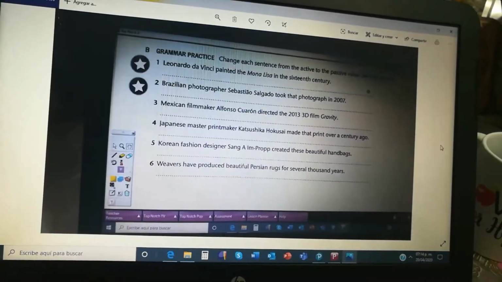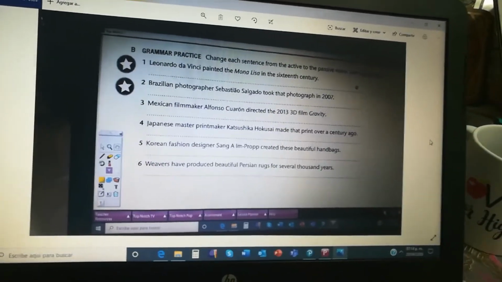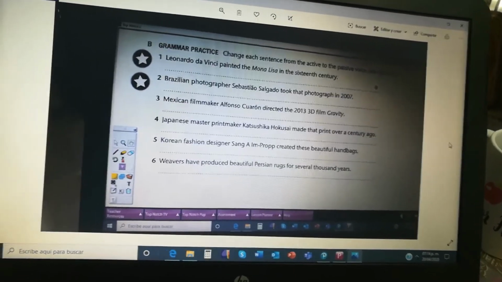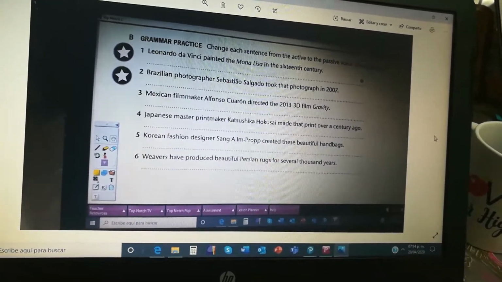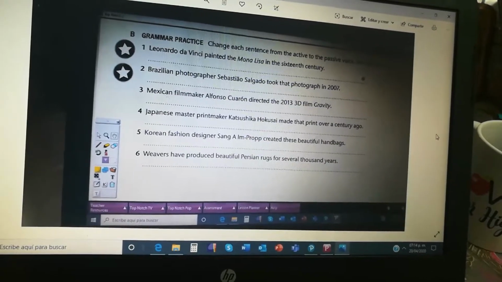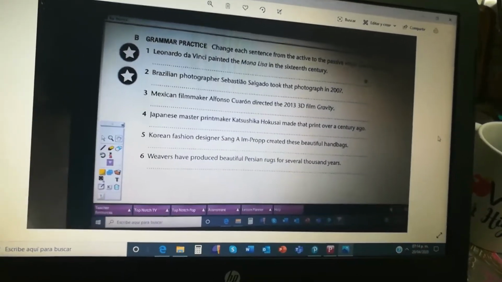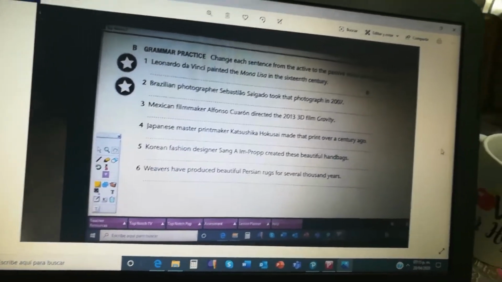Okay, so this is the last exercise that we'll do today. Change each sentence from the active to the passive voice. Use a by phrase. For example, number 1. Leonardo da Vinci painted the Mona Lisa in the 16th century.